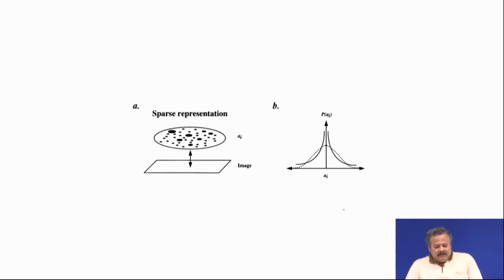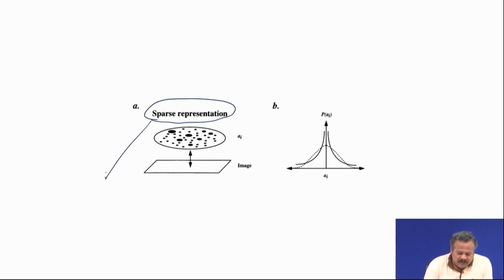So for minimum utilization of energy, they used the idea of sparse representation. Sparse representation is essentially an indirect way of saying that the energy usage is minimized or reduced.